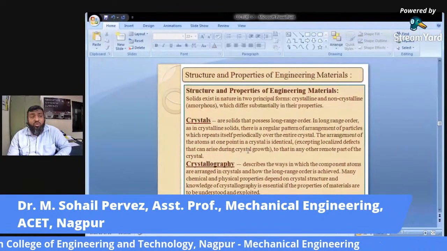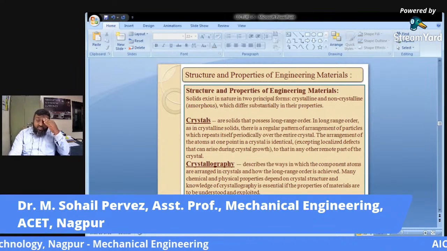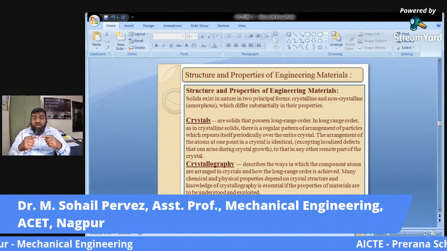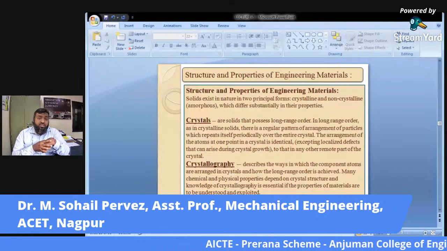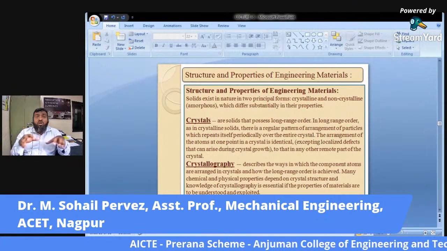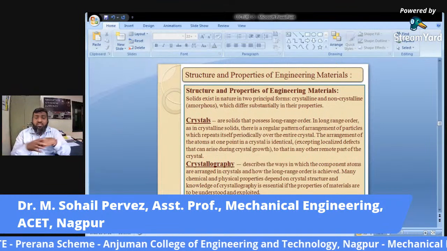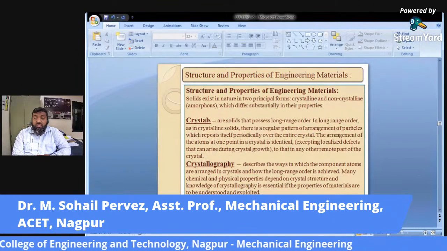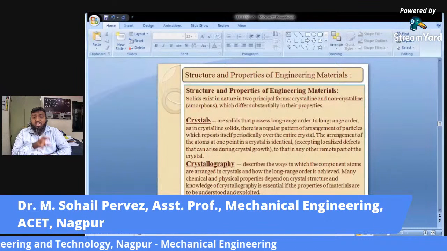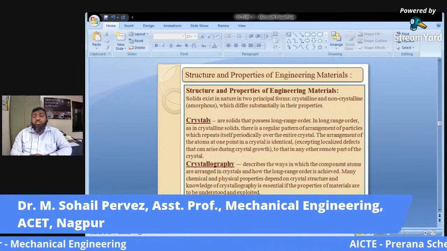Next is crystallography. Now when I say crystallography, it describes the ways in which component atoms are arranged in crystal and how the long range order is achieved. Just now we have seen there are long chains in the solid materials. Then how that arrangement is done, the description of arrangement of these long range crystals, is known as crystallography.